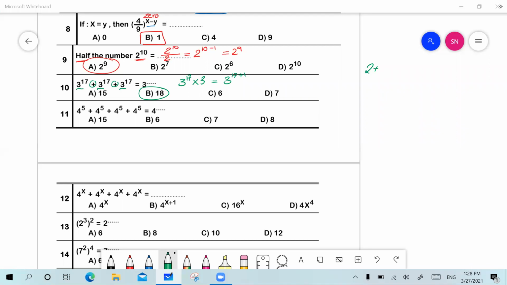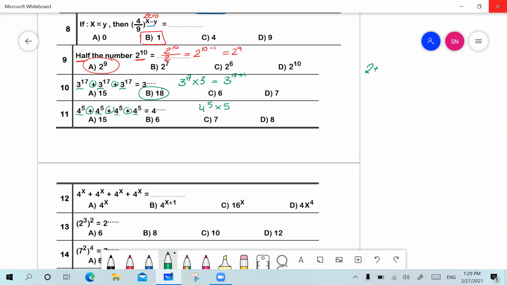This is equal to, Mustafa? Yes, it will be 4 to the power of 5 times 4, because it's repeated with addition for 4 times.